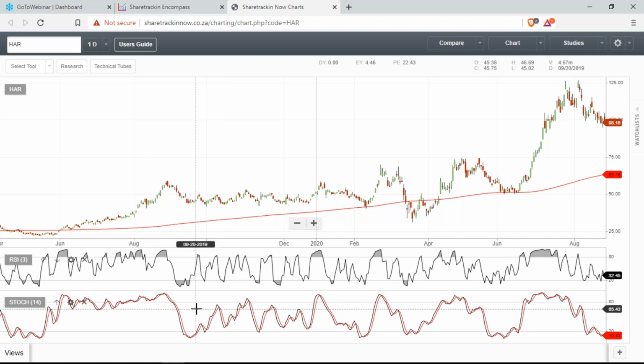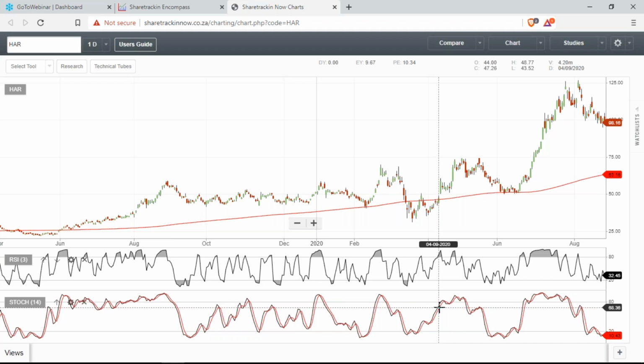My stochastic is a stochastic oscillator. In short, this stochastic would confirm the signals that my RSI gives me, at the time where my red and my black line crosses on my stochastic.